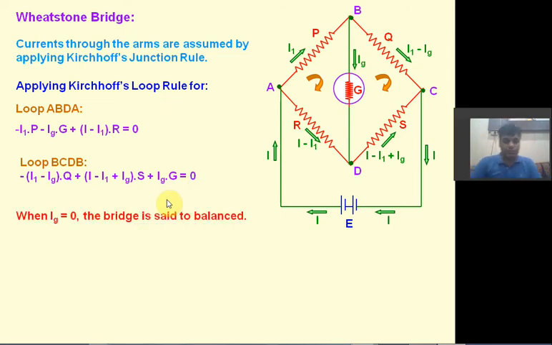Now the bridge is said to be balanced when the current across G, the galvanometer, is 0.